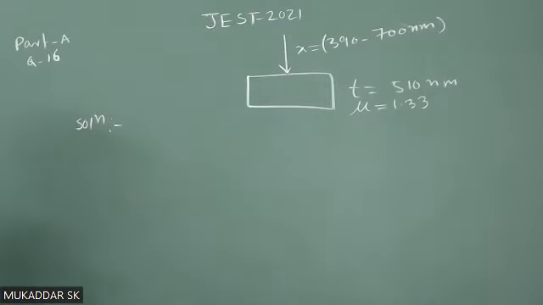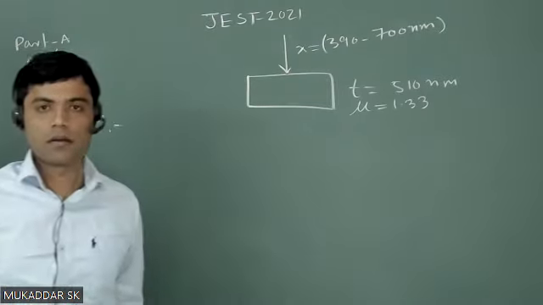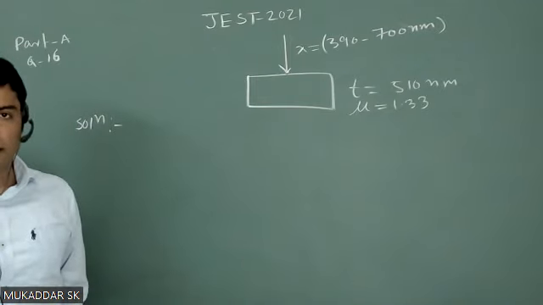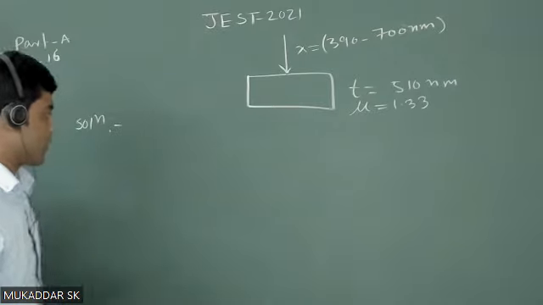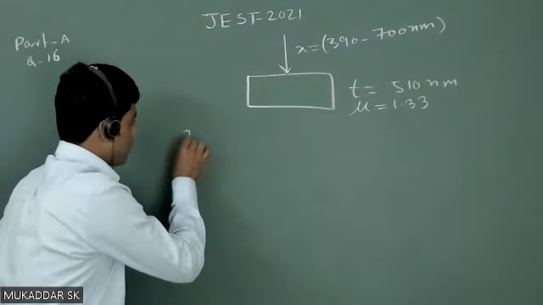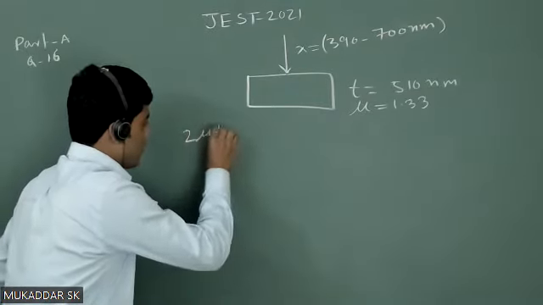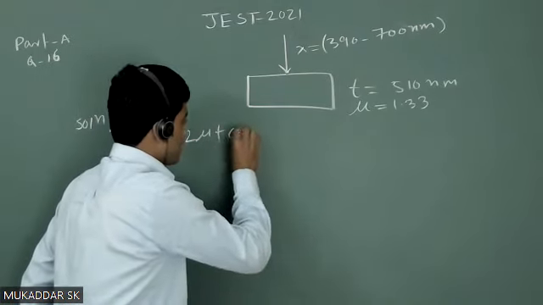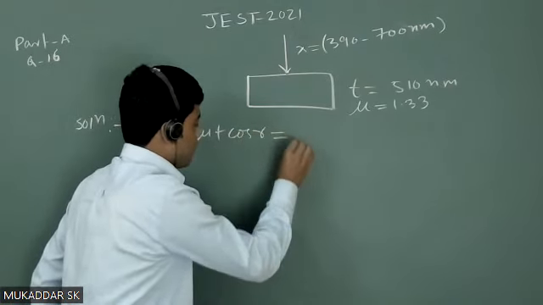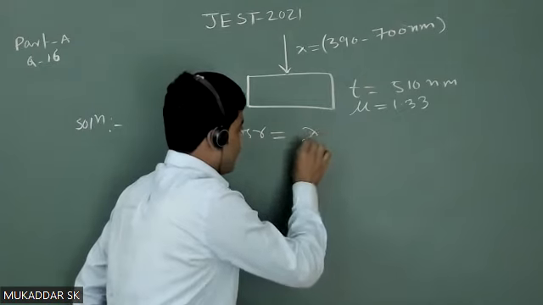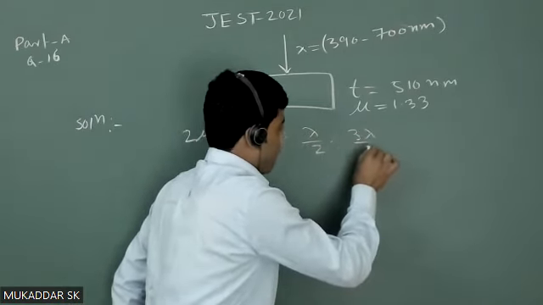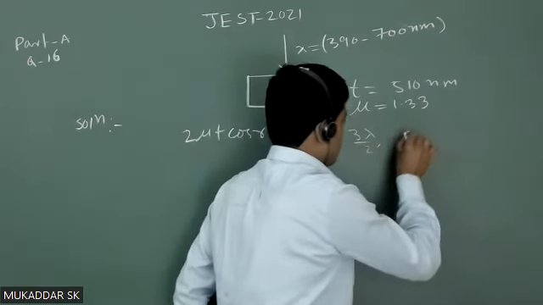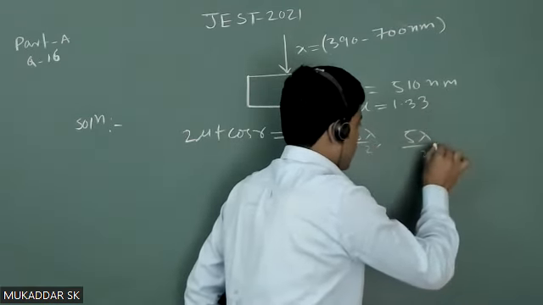As you know, for constructive interference in a thin film, the condition is 2 mu t cosine r equals either lambda by 2, or 3 lambda by 2, or 5 lambda by 2, and so on.